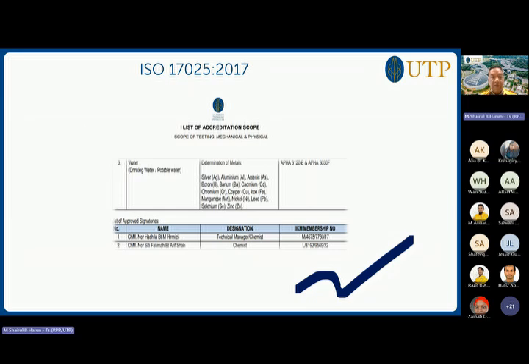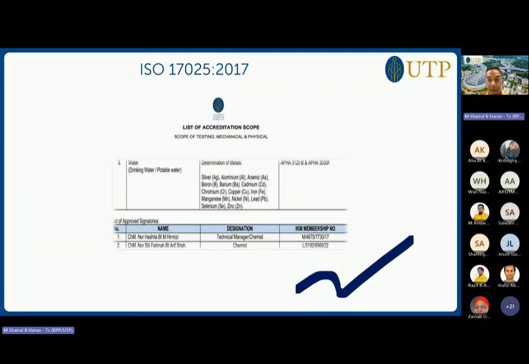For your kind information, we were accredited on 17/05/2017 for the water scope, which is drinking or potable water, for the determination of metals: silver, aluminium, arsenic, boron, barium, cadmium, chromium, copper, iron, manganese, nickel, lead, selenium, and also zinc.